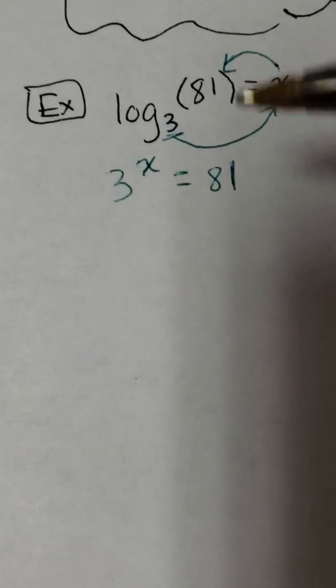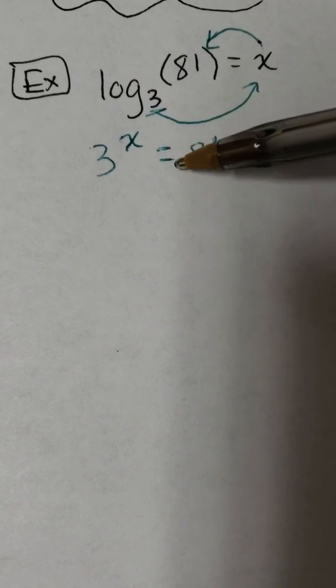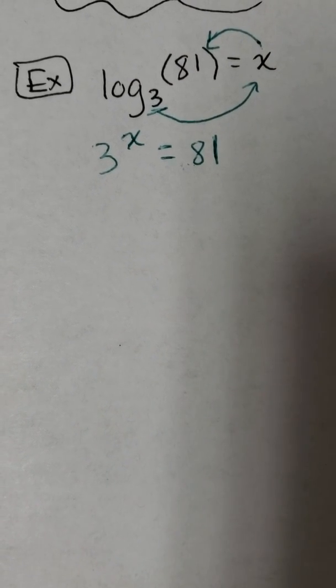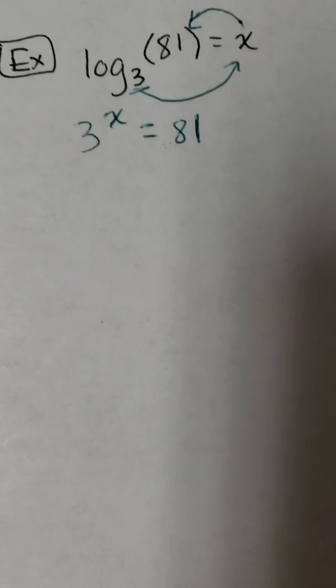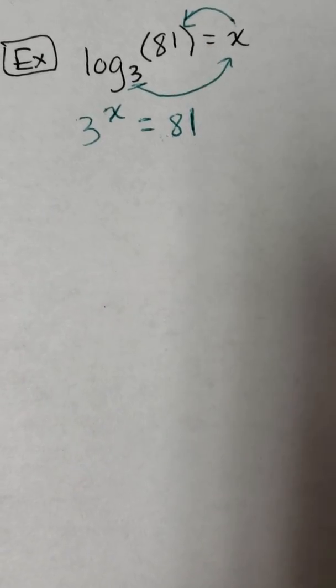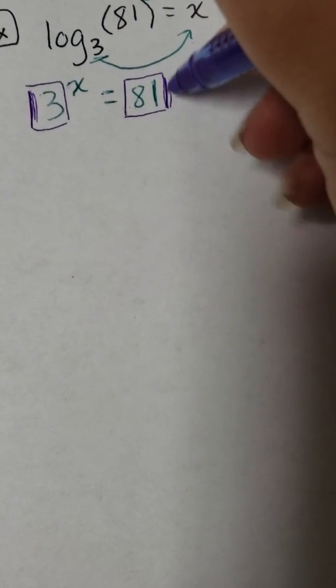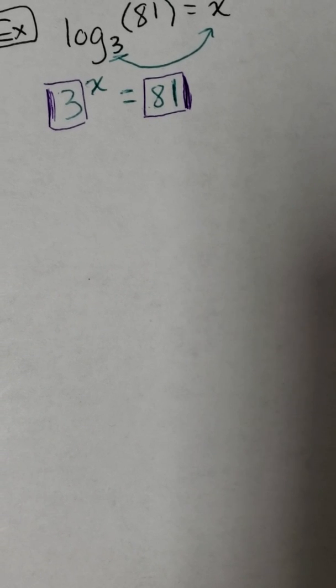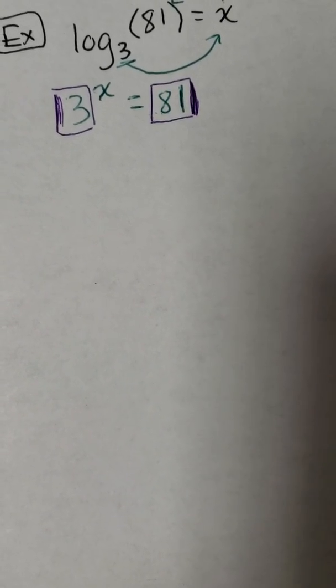Now this is a little bit of review from Algebra 2. When you were solving exponential equations, there was a rule that for you to solve something like this, the bases have to be the same. So this 3 should be the same as this 81. Obviously these are not the same, one's a 3, one's an 81, but we can rewrite one of them in terms of 3.